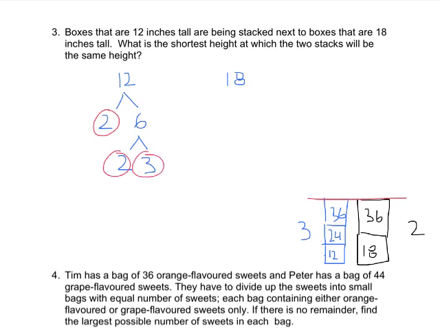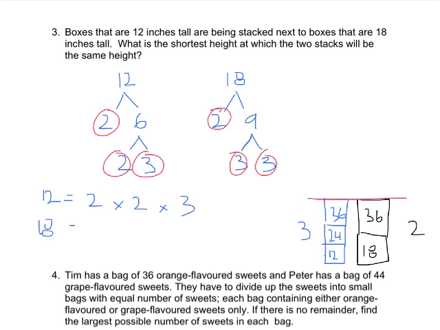So I'm going to circle them. 18 factors into 2 and 9, and the 9 into a 3 and 3. So I'll circle all of these here, and underneath I'm going to write out 12 equals 2 times 2 times 3, and for the 18 it is 2 times 3 times 3.